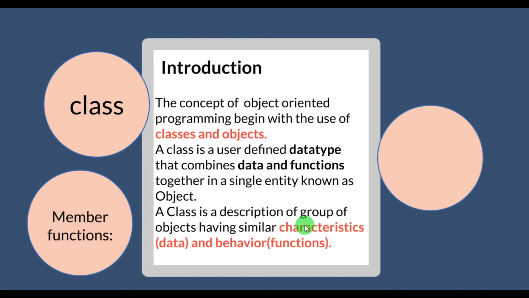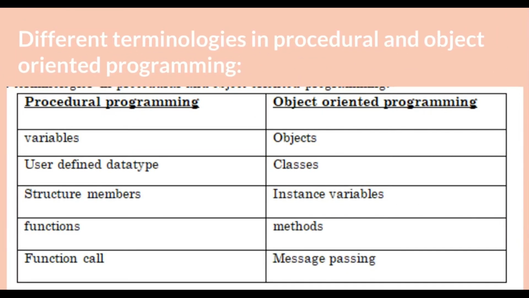Next we are going to see the terminologies in procedural programming language as well as object oriented programming language. We have different terminologies. Terminology is nothing but the terms used in the programming language.